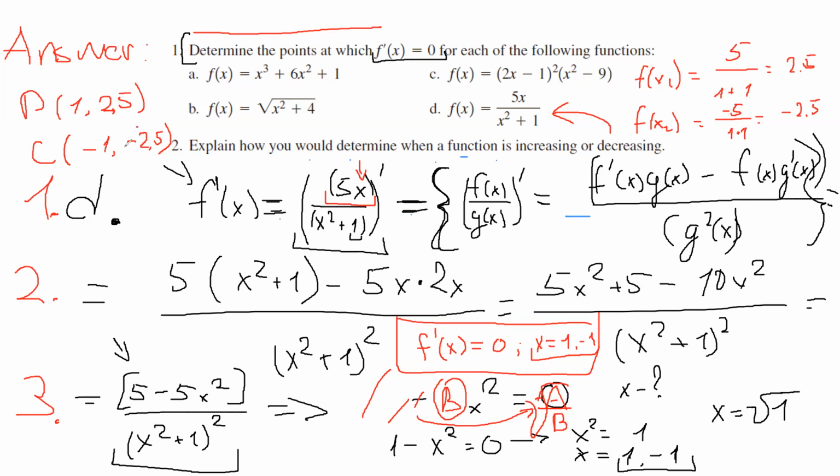The y of the function at the point x equals -1 is -2.5, but the derivative has y equals 0. So f prime of x equals 0 and f of x equals -2.5. And f prime of x equals 0 and f of x equals 2.5.